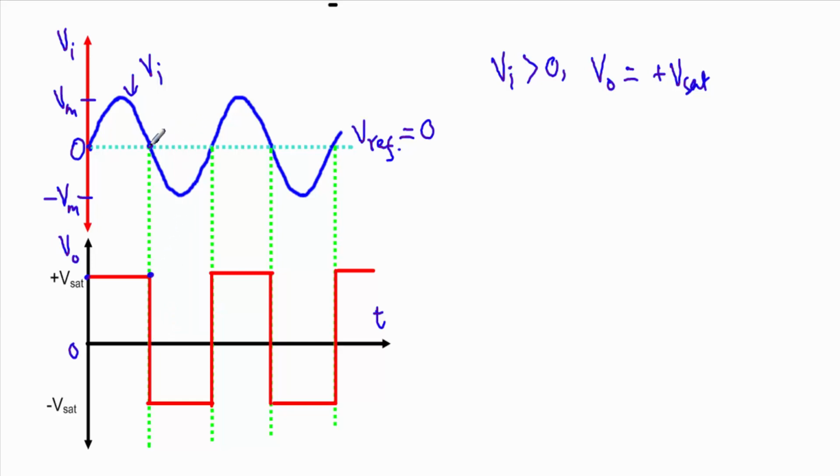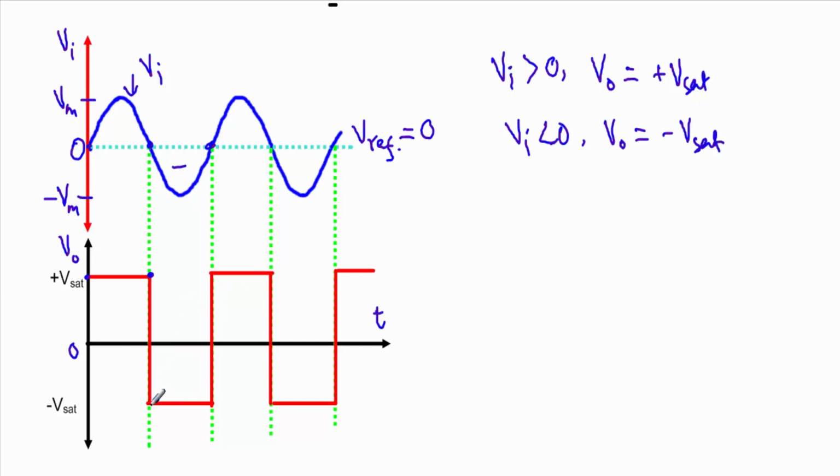When it crosses the 0 axis, when it crosses the reference voltage, from this interval to this interval it is in the negative half cycle, that means our input voltage is less than 0, then our output voltage will be in the negative saturation region.